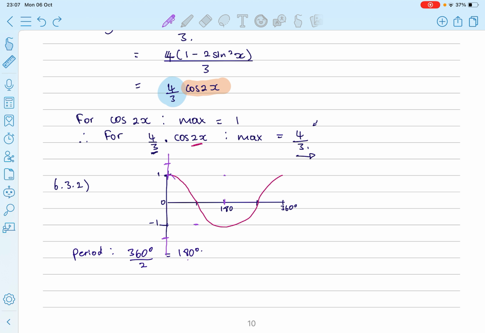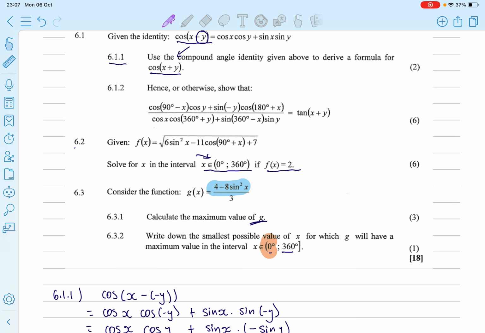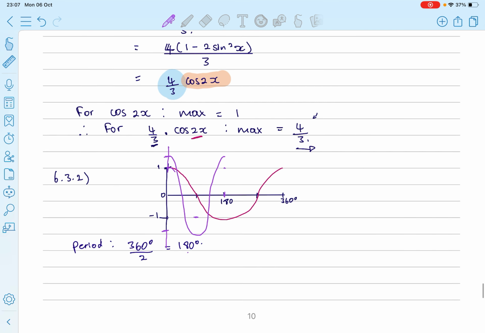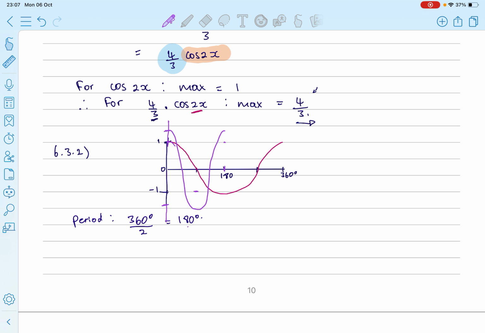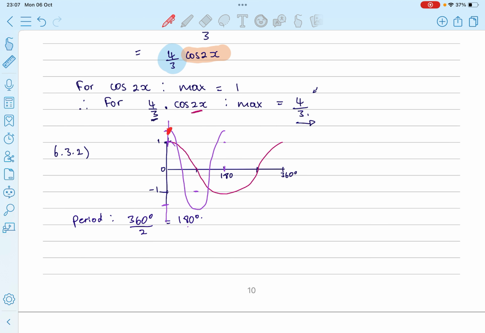Okay, it now looks something like that. That is what our function looks like. So we can now see that based on our interval from 0 to 360, where 0 is excluded, the other value that gives us a maximum is actually just at 180, because our maximums are over here at 0 and back at 180.